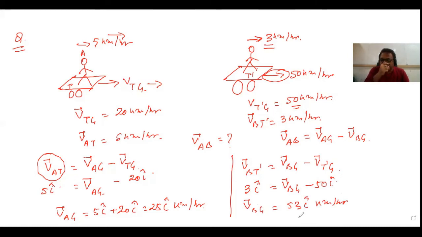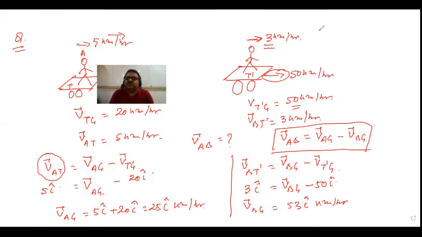Okay. Now, if it is so, now we can solve this part. What is that? Velocity of A with respect to B is equal to what? Velocity of A with respect to ground minus velocity of B with respect to ground. Now, velocity of A with respect to ground is what? Look at this.